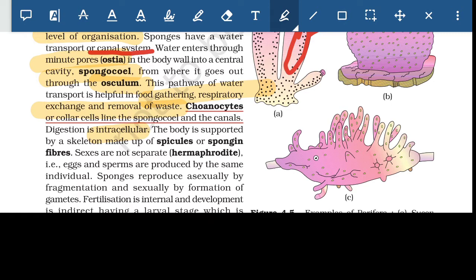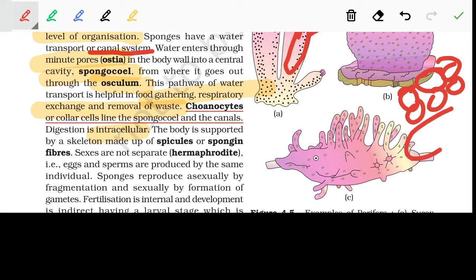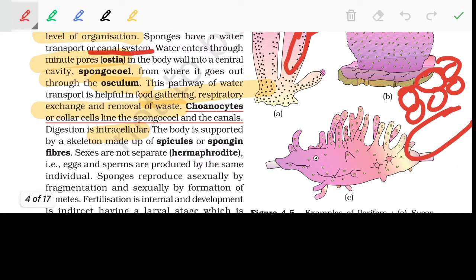Let us take an organism with many cells, and here is the body cavity where food is present. Each cell will take this food into itself, digest the food and then throw out the waste material. This is called the intracellular type of digestion.